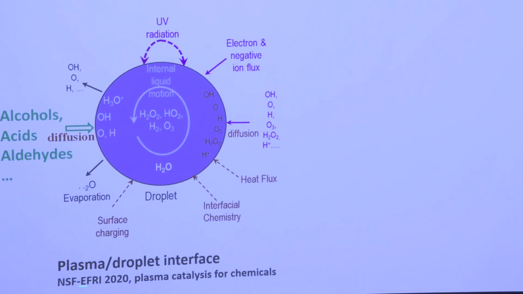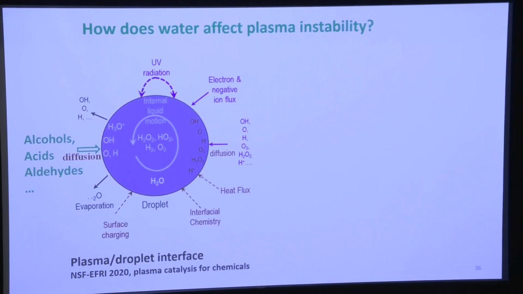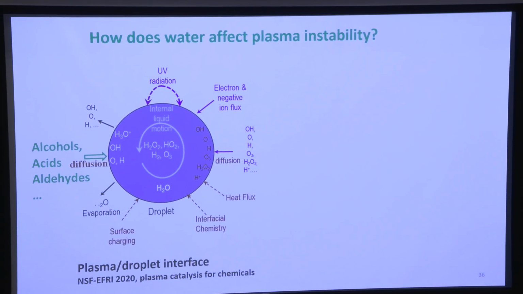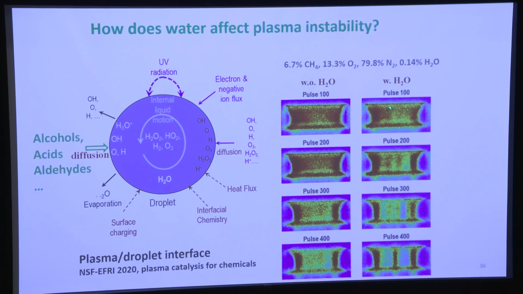We wrote a research proposal in 2020 for the National Science Foundation Energy Frontier Research Initiative with 6 of us. Then next year we were awarded it, and we started to understand how the water is going to affect the plasma instability.